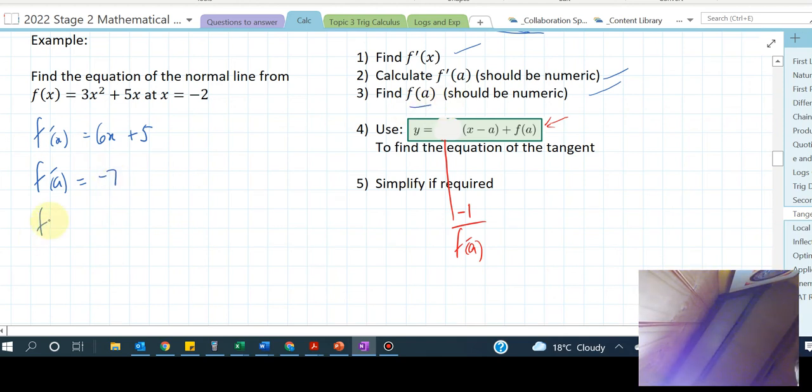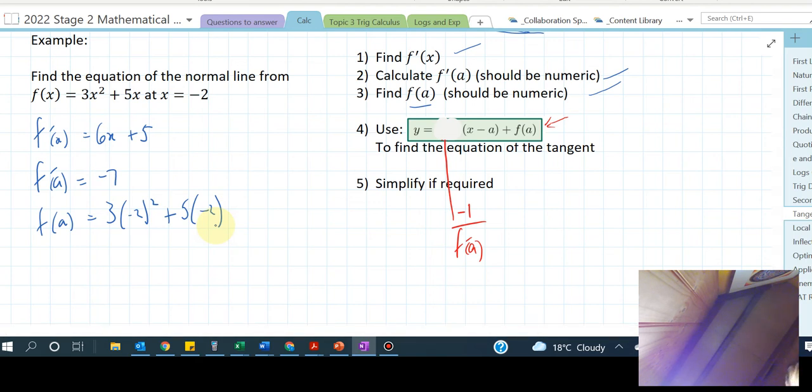F of a. Sub in minus 2, so 3 lots of minus 2 squared plus 5 lots of minus 2. 3 lots of minus 2 squared is, what's that? 3 times 4 is 12. Minus 10 is 2. All right. Now we have all the parts needed.